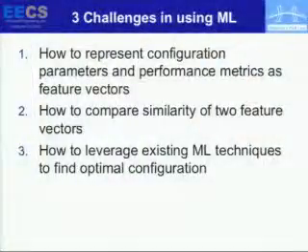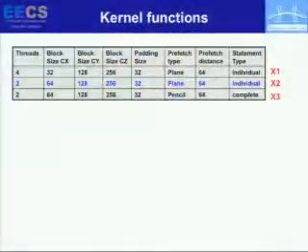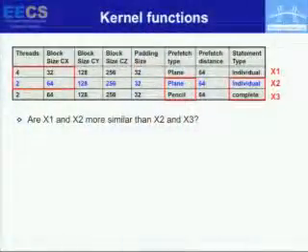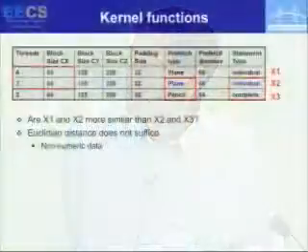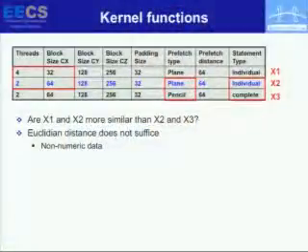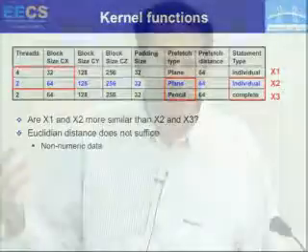So now we'd like to be able to compare vectors. So how do you compare two configuration vectors or two performance vectors, and what type of metric do you use? So right here we have 3 different configuration vectors, and how do we measure the distance between them? Are x1 and x2 more similar than x2 and x3? So the problem here, or part of the problem, is that some of this data is not numeric.